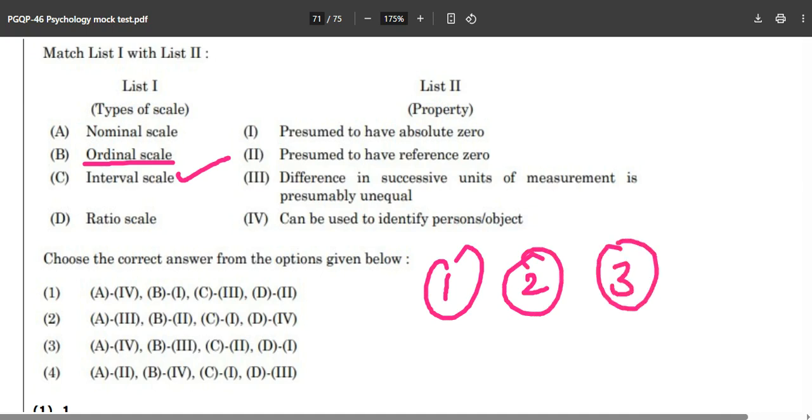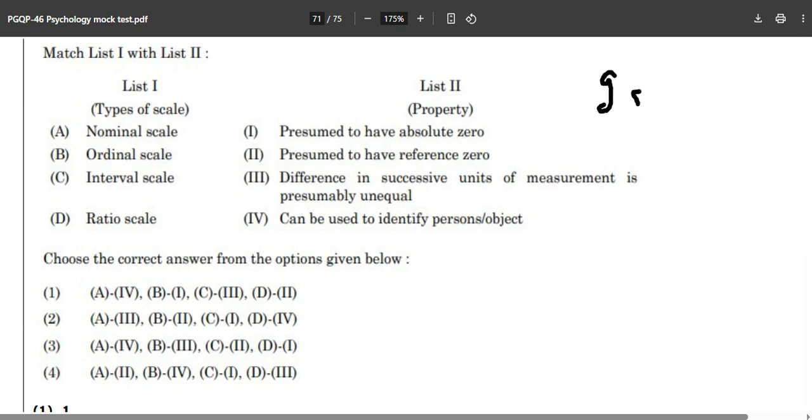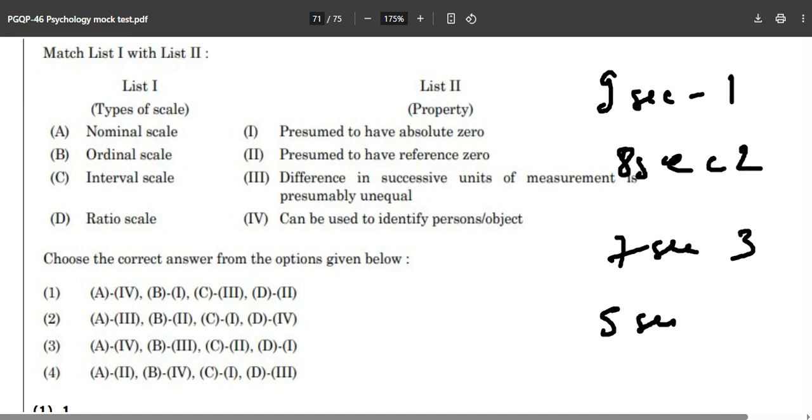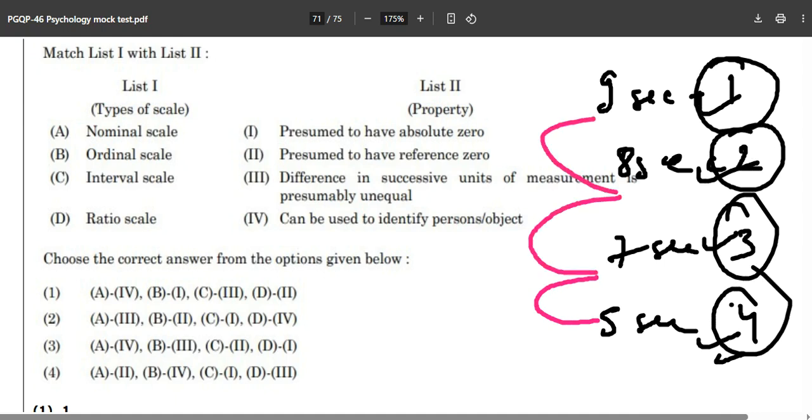Let's suppose 10 people are running over here, and the one in 9 seconds gets first rank, in 8 seconds second rank, in 7 seconds third rank, and so on. You just mark the ranks: this is the first, this is the second runner, third runner up, fourth runner. But as you can see, units of measurement are presumably unequal only in the ordinal scale.